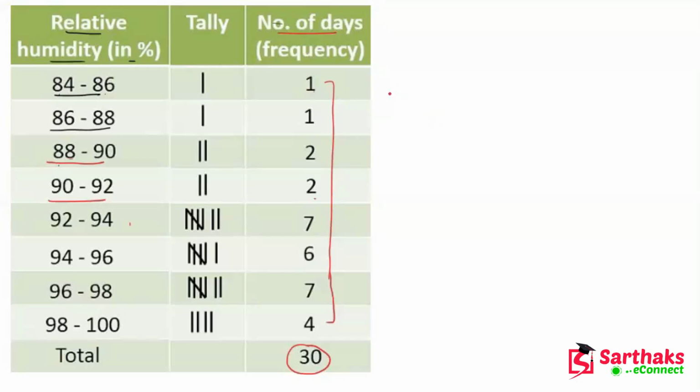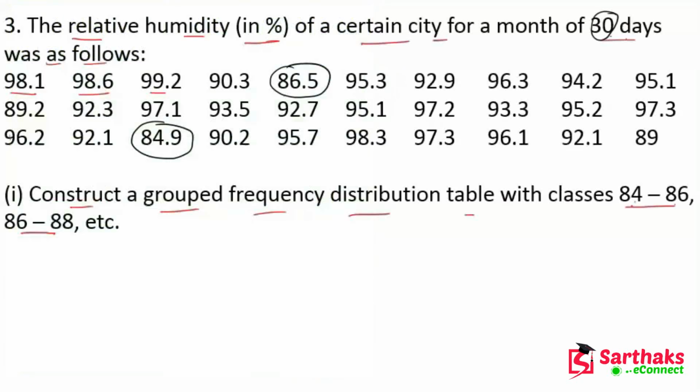Now if you observe the data, the minimum relative humidity is 84.9, and the maximum is 99.2.